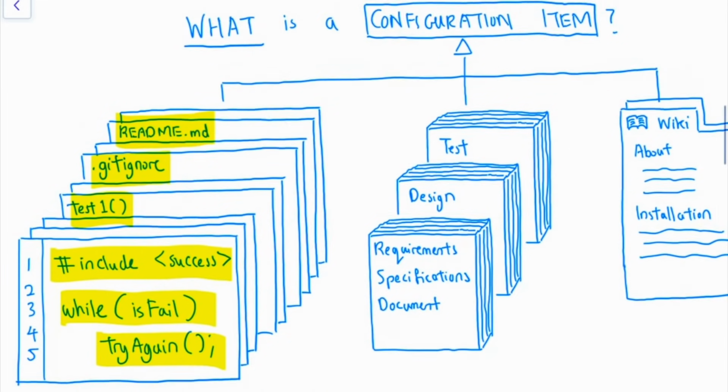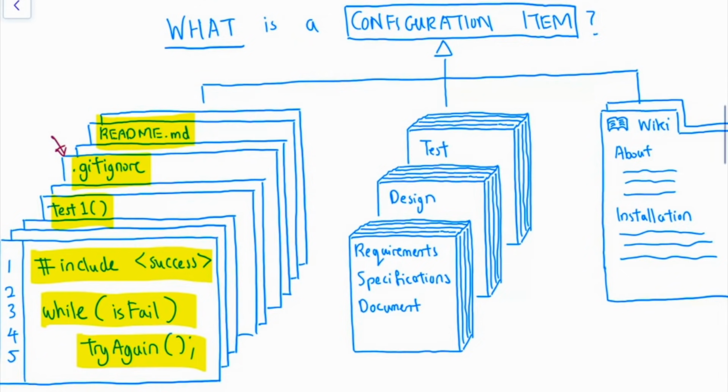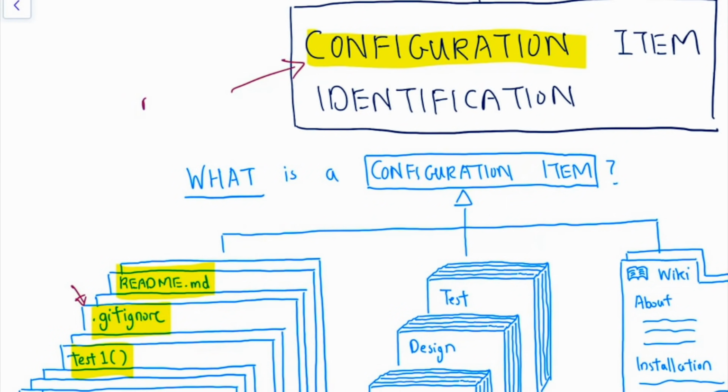Okay, and speaking of config files, just to get the terminology clearer, because I myself find that this term config item is a bit misleading and confusing, and it is in fact not just configuration files like the .gitignore or other configuration files required for installation.